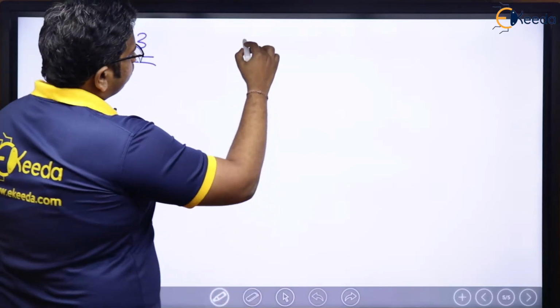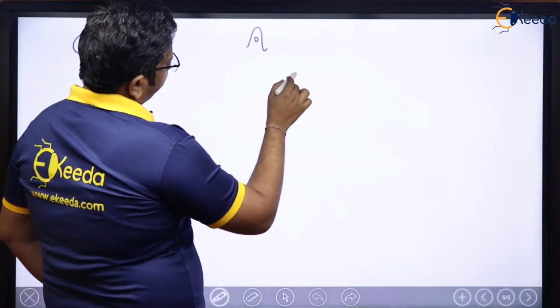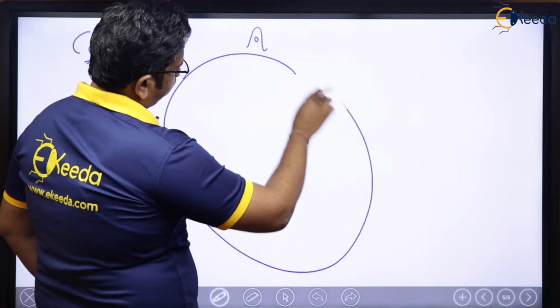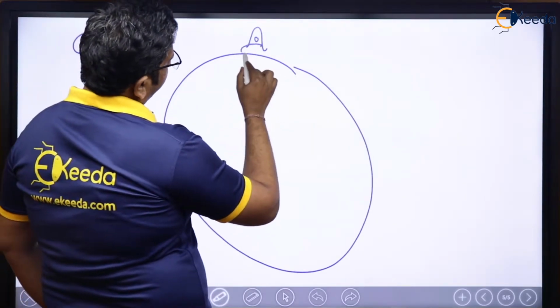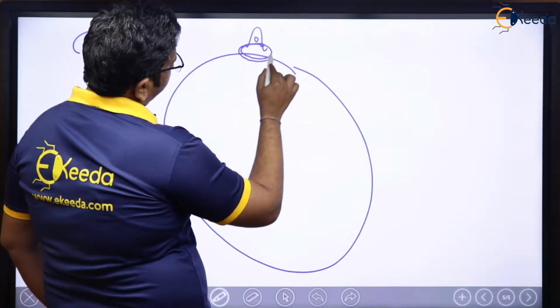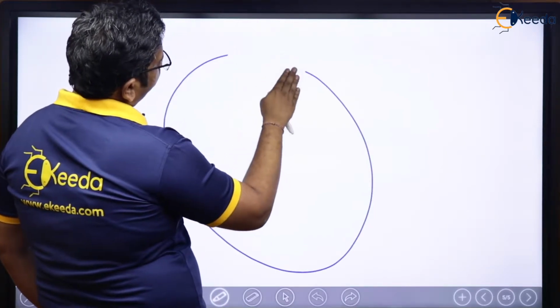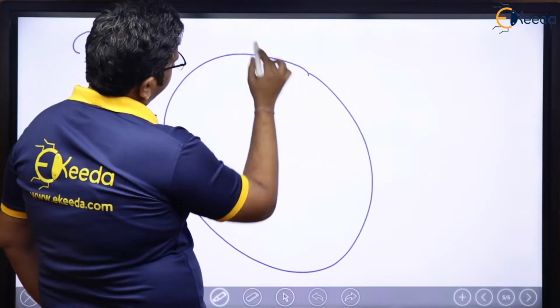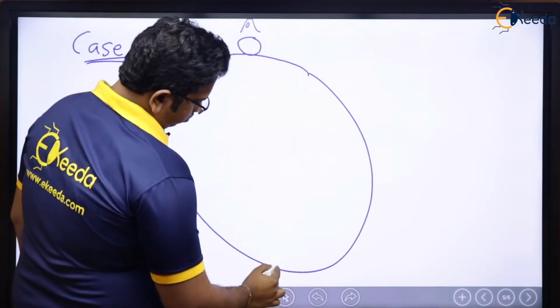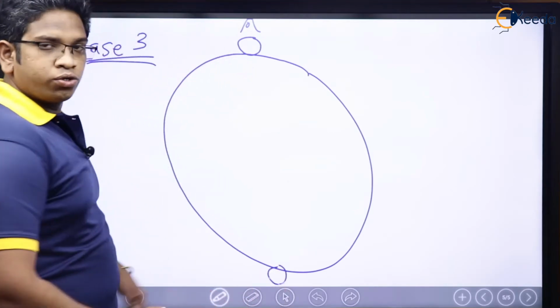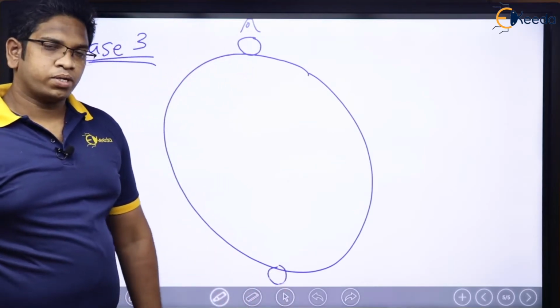Now let me have a bullseye here, which means this is going to be the stator, right? Now let us say there are 2 conductors here on the stator. Let me draw it again. These 2 are, let us say, the stator conductors.